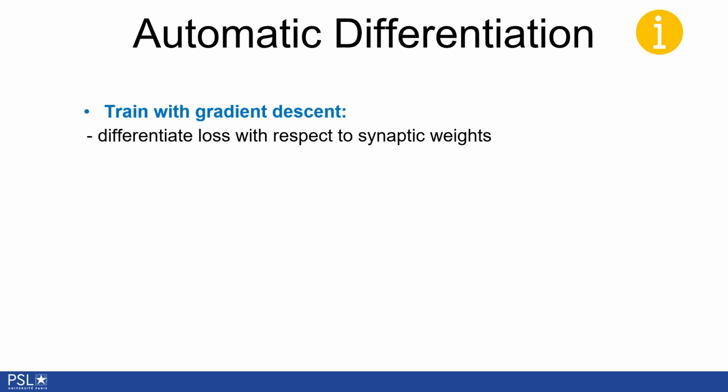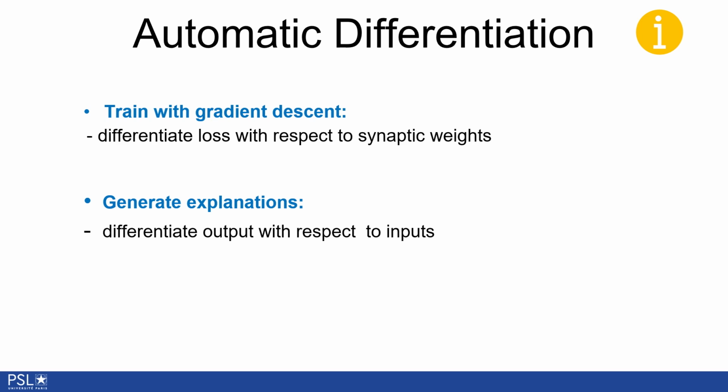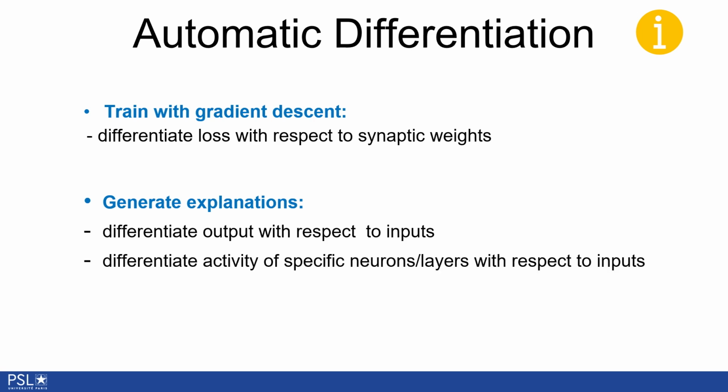But differentiation properties of neural networks can also be used to generate explanations. This can be done, for example, by differentiating the output of the network with respect to inputs, to understand how changing inputs changes the outputs. Another possibility is to differentiate the activity of specific neurons or layers with respect to inputs to understand which features they encode.